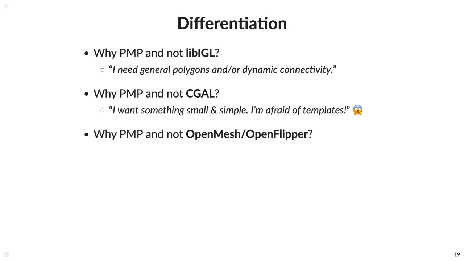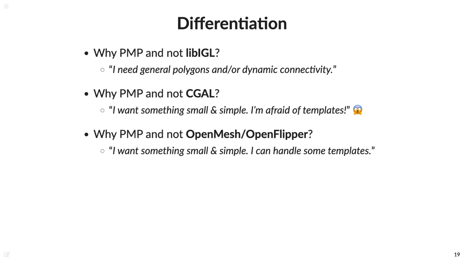Open Mesh and Open Flipper. Surface Mesh is based on Open Mesh, and then PMP adds the algorithms to it, like Open Flipper adds lots of algorithms to Open Mesh. Both Open Mesh and Open Flipper are quite a bit larger, less simple, more sophisticated maybe, and also have some more templates.